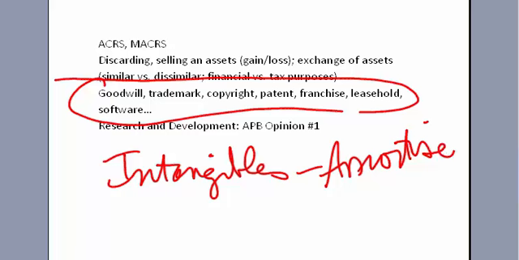Goodwill, trademarks would be like the golden arches at McDonald's, that idea, or Coca-Cola's trademark, etc. Goodwill is when you're willing to pay more for an asset than what it's worth. So if you buy out a company and you're willing to pay more because they're your competition, so you're just trying to get rid of your competition, you'd be willing to pay more than the fair market value of the assets. So that excess goes into goodwill and then is expensed over time.